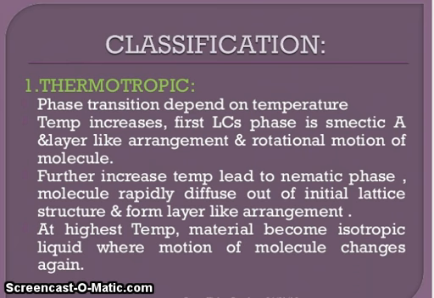As temperature increases, first the liquid crystal phase has a layer-like arrangement and rotational motions of molecules. A further increase in temperature leads to the nematic phase. Molecules rapidly diffuse out of the initial lattice structure and form a layer-like arrangement. At the highest temperature, materials become isotropic liquids, where the motion of molecules changes again.